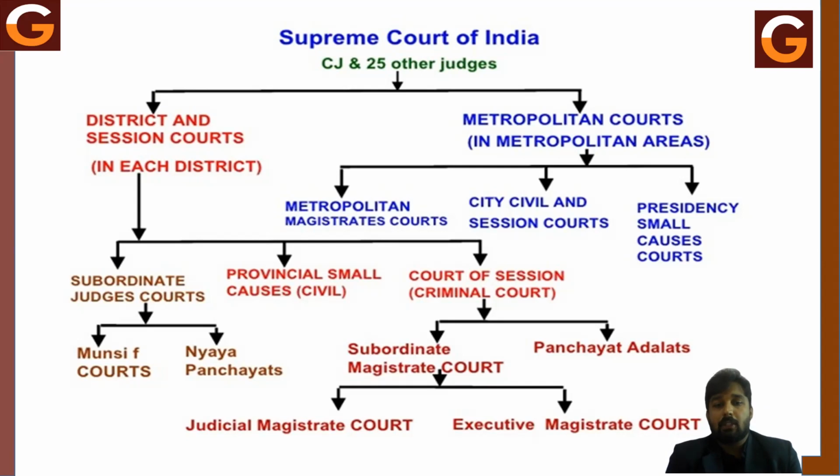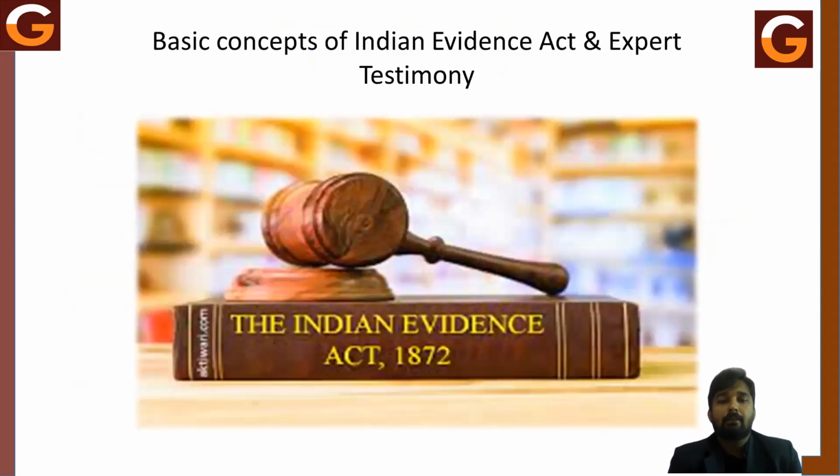Whereas in the court of session and the district, you have subordinate magistrate courts for each taluk, followed by panchayats and adalats. And under subordinates, again with respect to each taluk, there will be a judicial magistrate court and an executive magistrate court. This is a brief structure of how the judges and the courts have been distributed according to scale, varying from the country to the local panchayat scale.